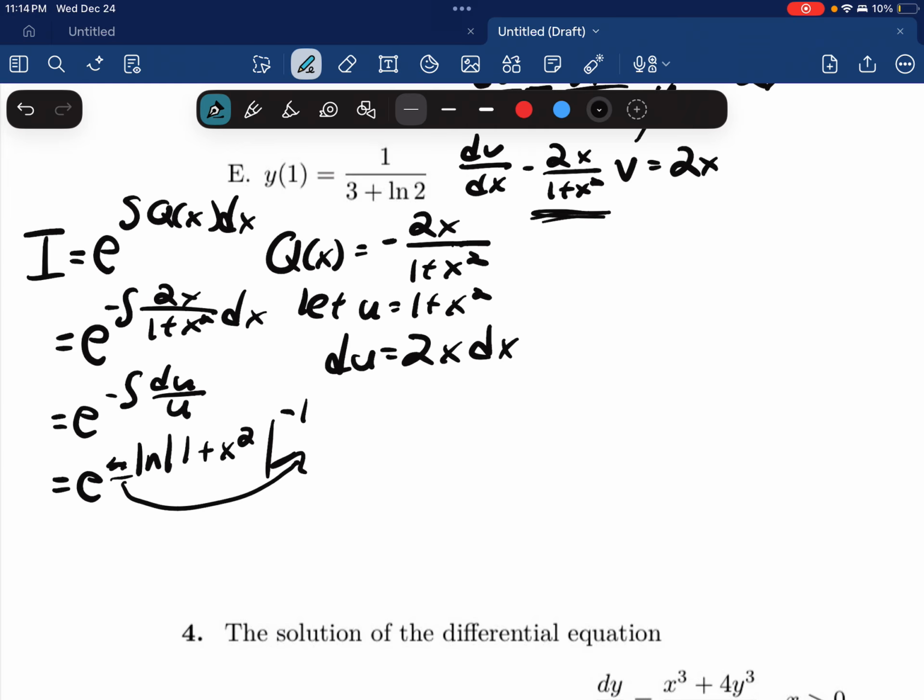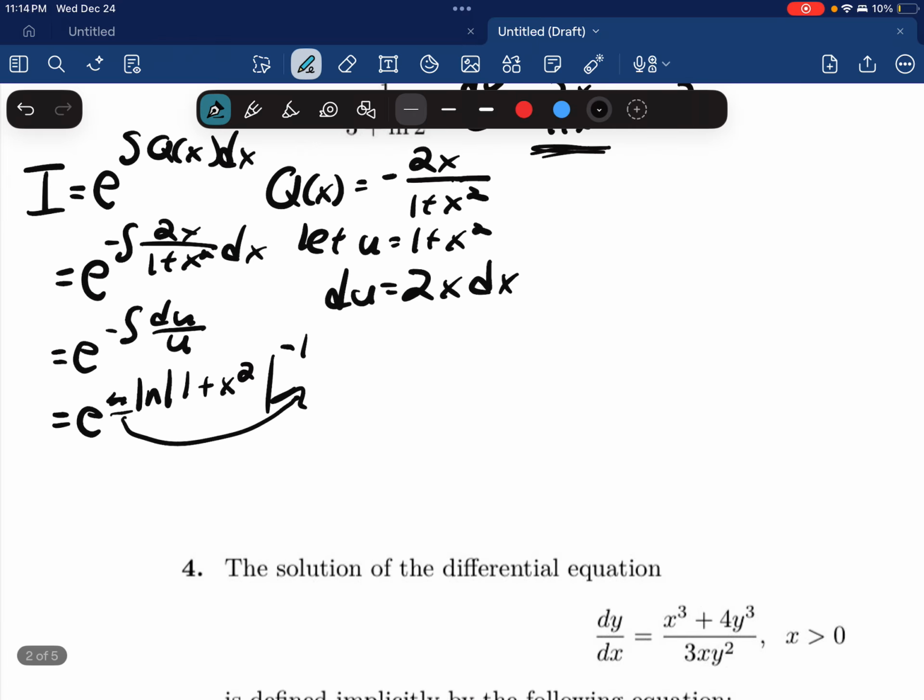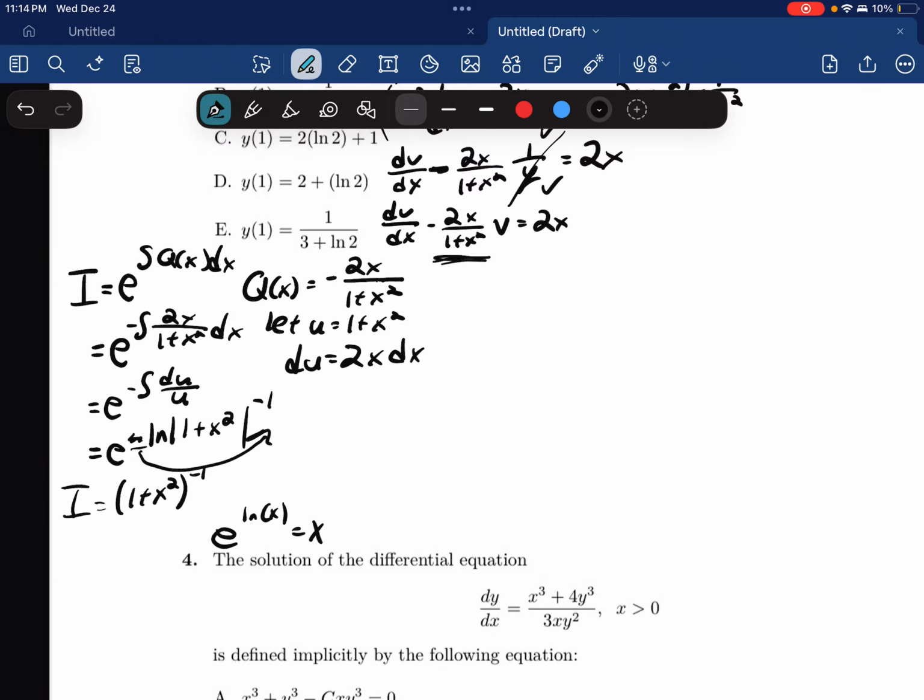Okay. We also know that e to the natural log of x is just equal to x. So we can just rewrite this as I is equal to 1 plus x squared to the negative 1. Okay, very good. So we know that I is equal to 1 over 1 plus x squared, because negative 1 just means you're putting it on the denominator.